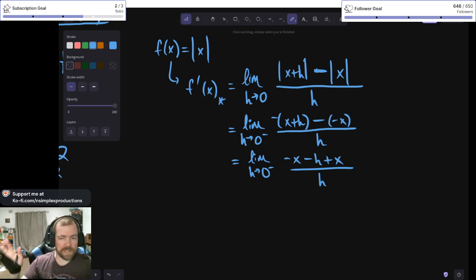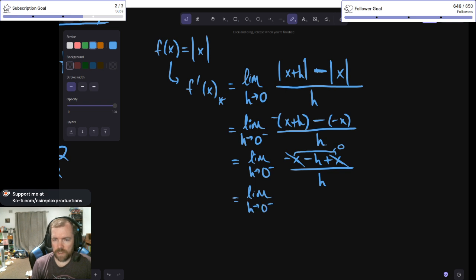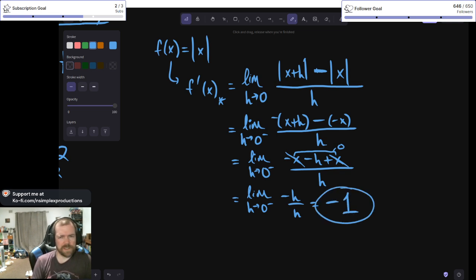Right, our x's will nicely cancel out, and then we end up with a negative h over h. The limit as h goes to 0 from the negative side of negative h over h is equal to negative 1. Not surprising, right?